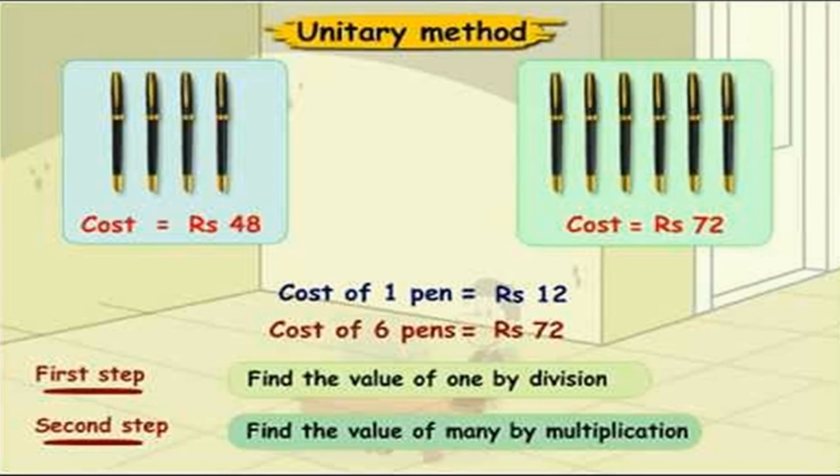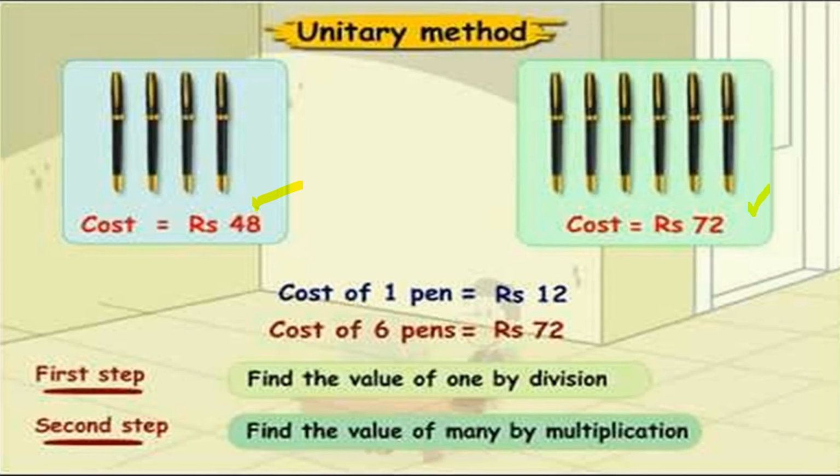See the unitary method. The cost of how many pens here? 4 pens. What is the cost? 48. Here 6 pens. What is the cost? 72. So if the cost of 4 pens is 48 rupees, what is the cost of 1 pen?